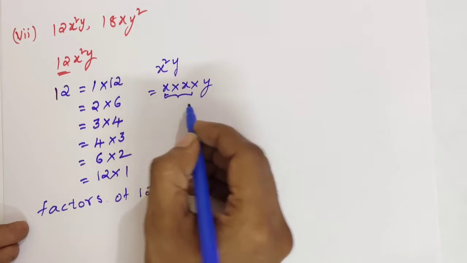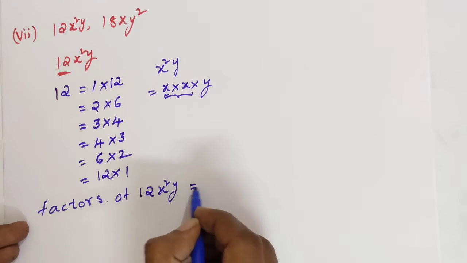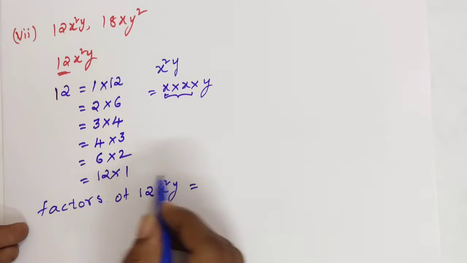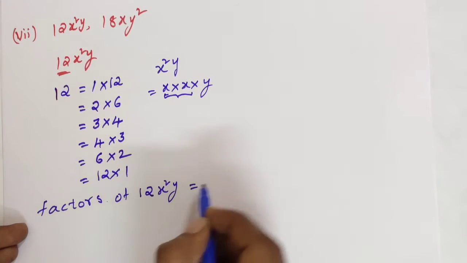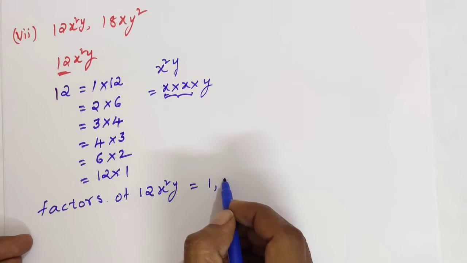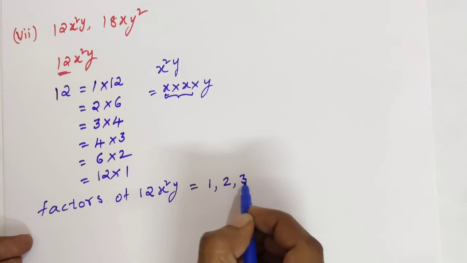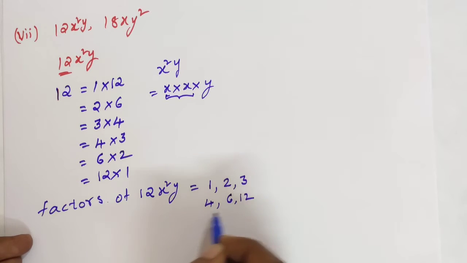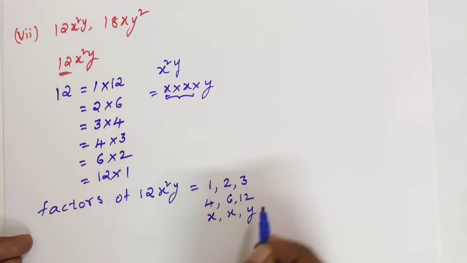So the factors of x square y are x, x and y. So the factors of 12x square y are 1, 2, 3, 4, 6, 12 and then x, x, y.